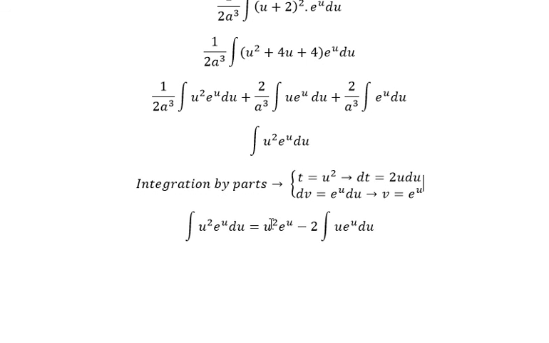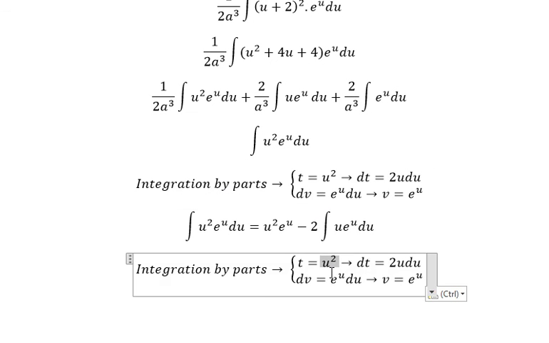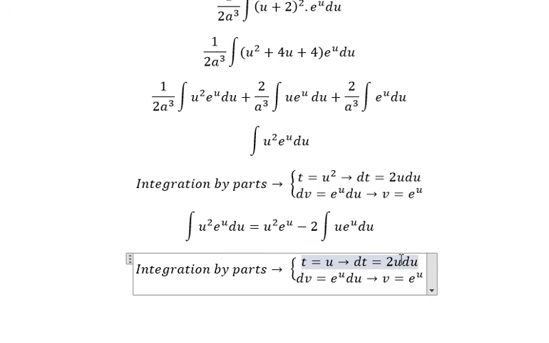Next, we need to use integration by parts, but we just change this one into u, so you got dt equals to du.